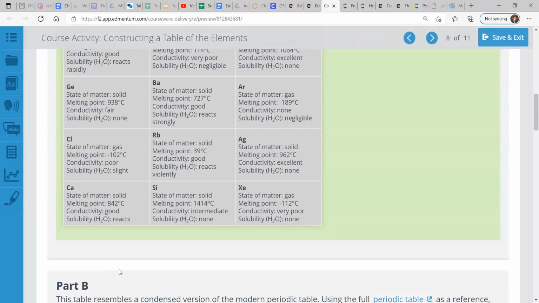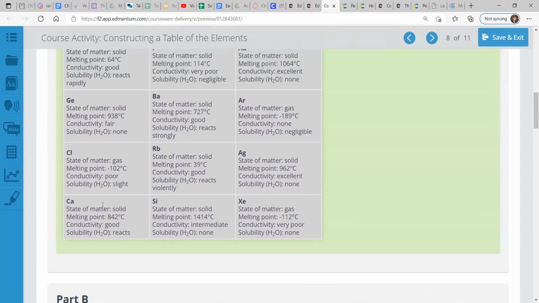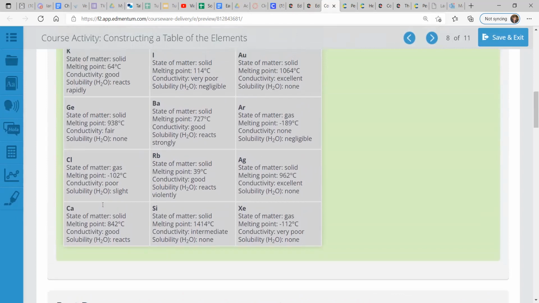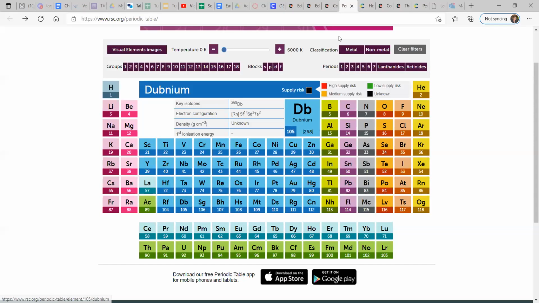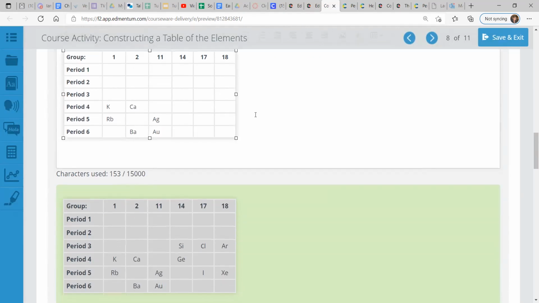Calcium just reacts, so I will have to go back and fix that.